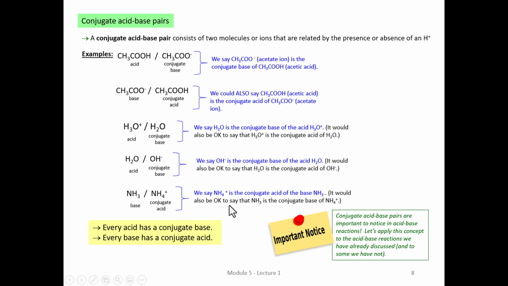It makes the calculations much easier. Being able to recognize conjugate acid-base pairs will make the calculations easier. So let's apply this conjugate acid-base concept to the acid-base reactions we've already discussed and to some we have not.